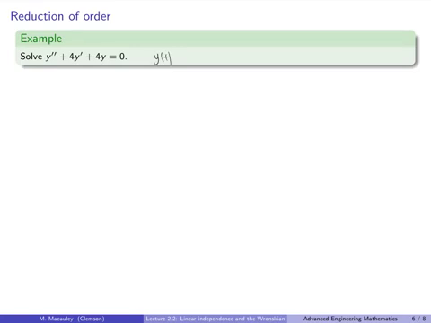So y of t, you assume it's e to the rt. You take a derivative, and that's r e to the rt, and then y double prime equals r squared e to the rt. Now you plug these things back into the ODE.